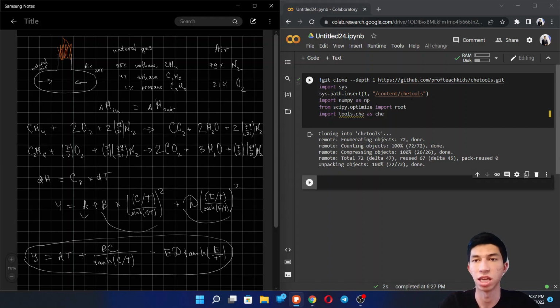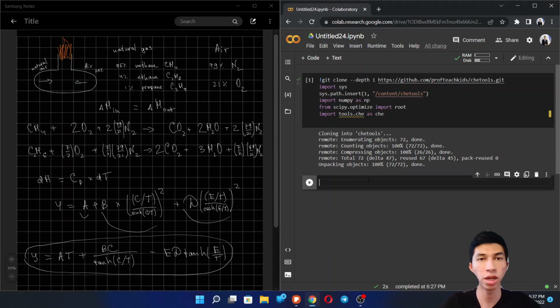We're going to use CHE tools from our GitHub website, so we import it here using git clone. We're also going to import numpy and SciPy Optimize, since we're going to be using the root solver, so we import the root function from the SciPy Optimize library. And here we're just importing CHE tools as CHE.